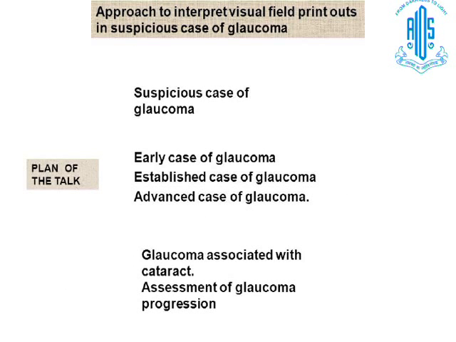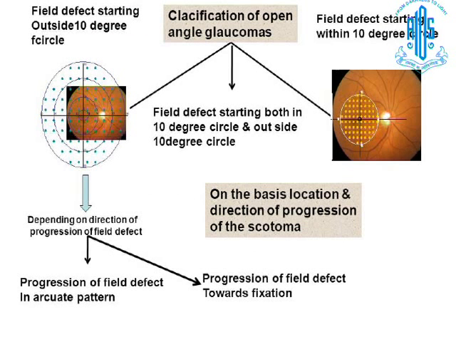Now coming to the early cases, this time I told you the concept of visual fields and the classification of glaucomas on the basis of visual fields. Normally we classify glaucoma as POAG on the basis of IOP, and if the tensions are normal, as NTG.